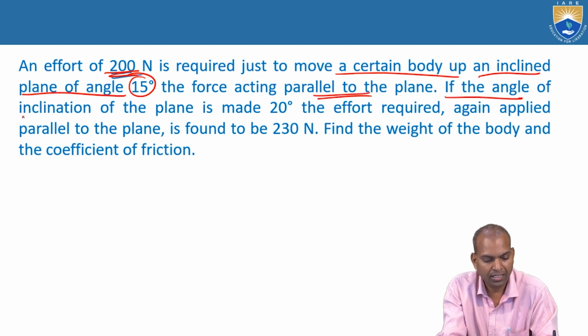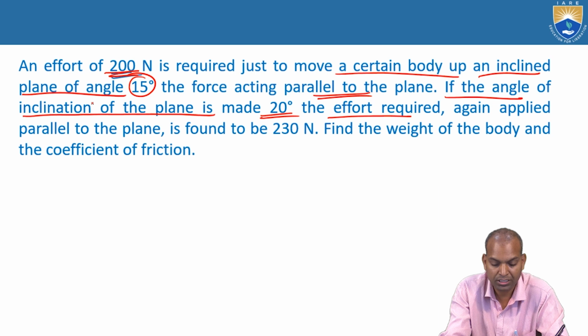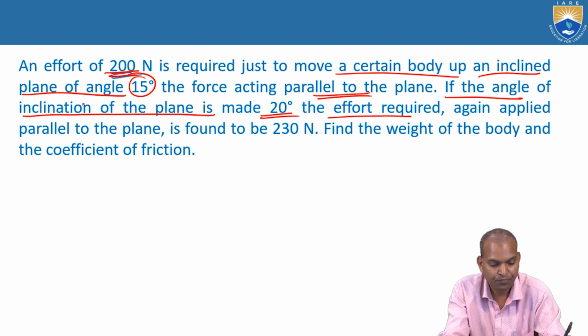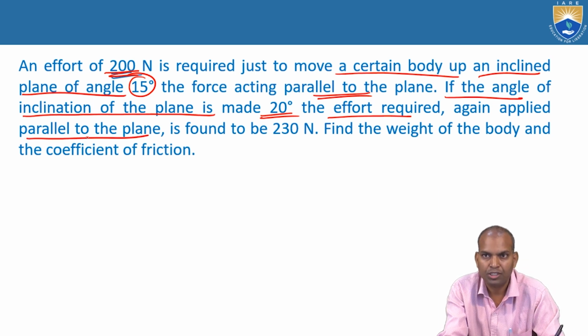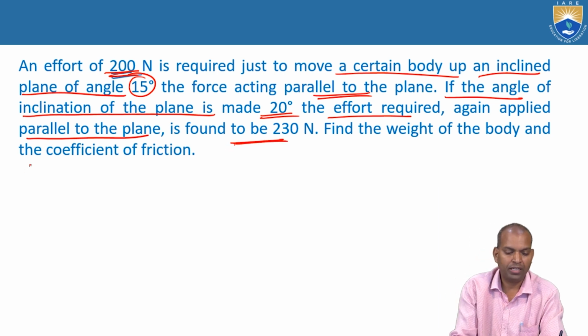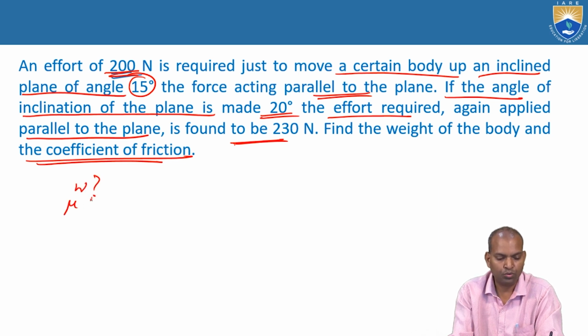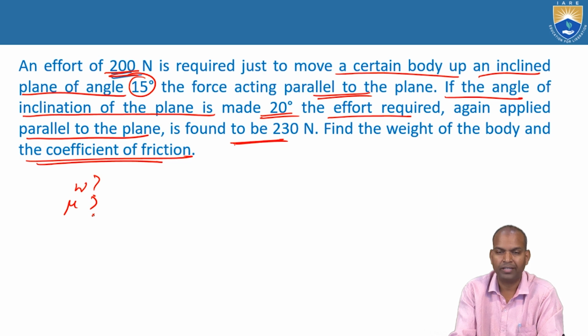If the angle of inclination of the plane is made 20 degrees, the effort required, again applied parallel to the plane, is found to be 230 newtons. Find the weight of the body and the coefficient of friction. We need the weight of the body and mu, the coefficient of friction. These two things are required.